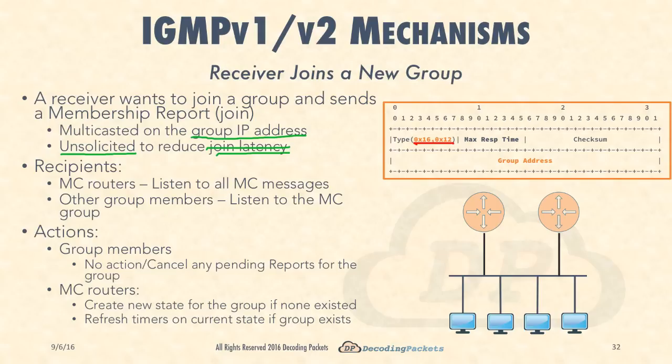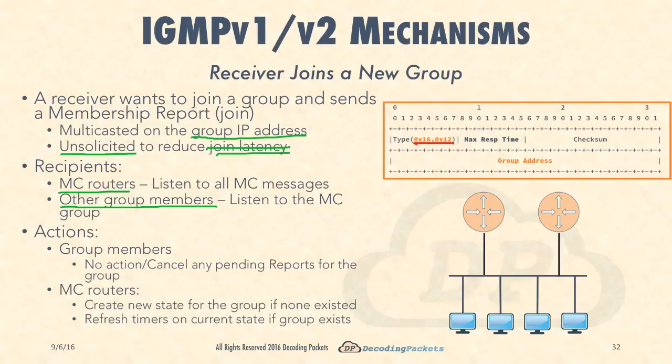Now the recipients here are all of the multicast routers. So there are two sets of recipients. There are multicast routers, because they're listening to all multicast messages, including the group IP where this was sent. But also the other members who already exist on that group.